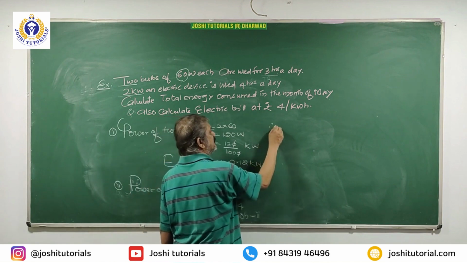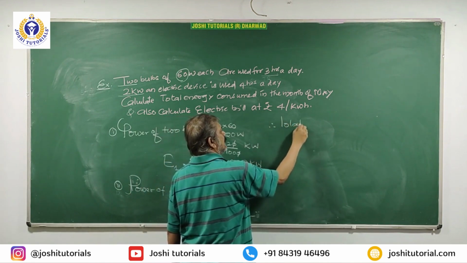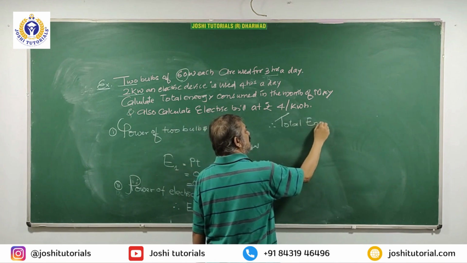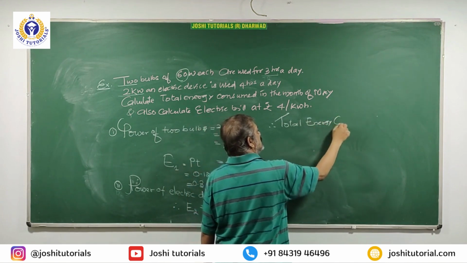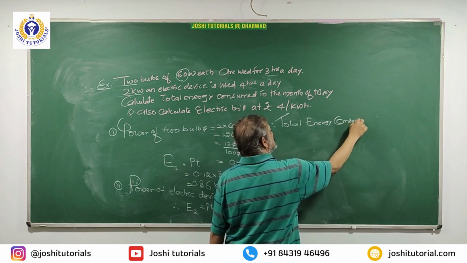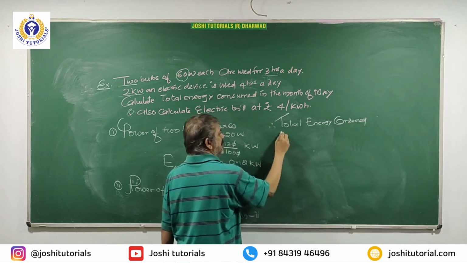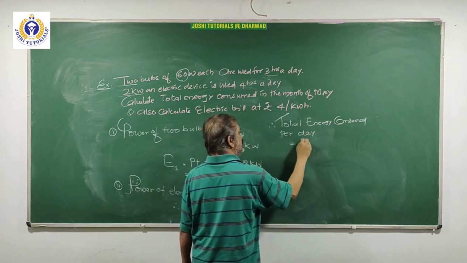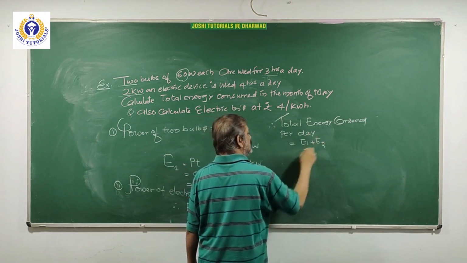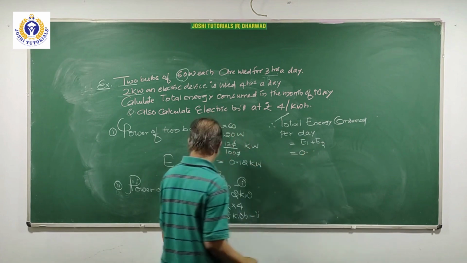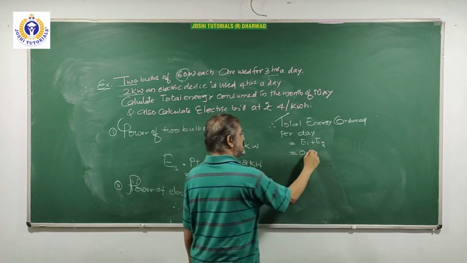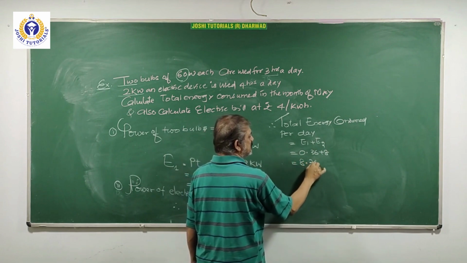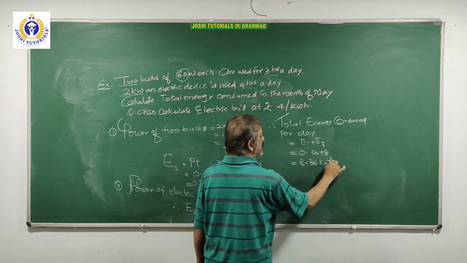Therefore, I write total electrical energy consumed per day equals E1 plus E2. That is 0.36 plus 8. Altogether 8.36 kilowatt hour per day.